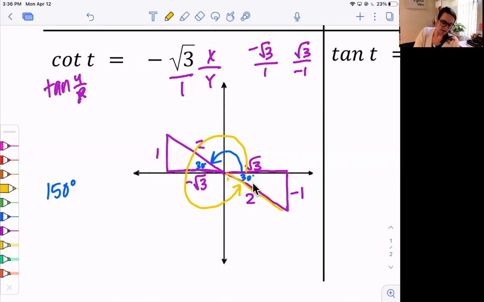So it's going to be 330 degrees. So 150, as we remember, is 5 pi over 6, from the last two problems. And then 330, well, it's 11 pi over 6.